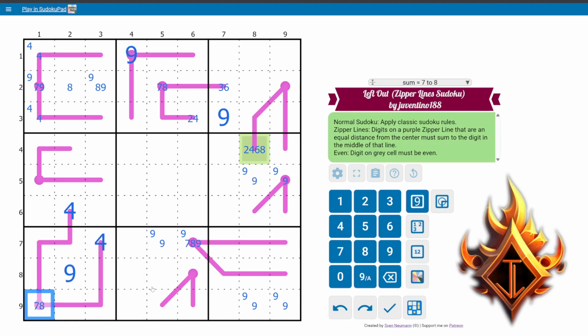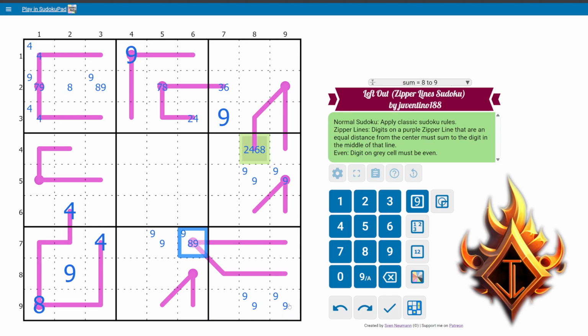This becomes 8 though. So now this cannot be 7. Because if that was 7, these would be 21. And that would have to be 7, 8, 9. It's not going to be 8 either.